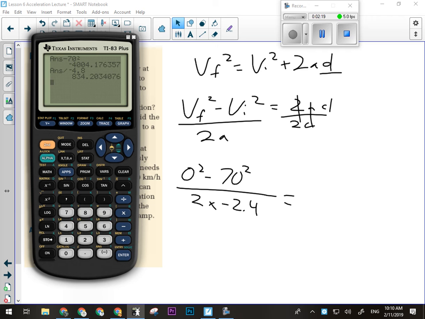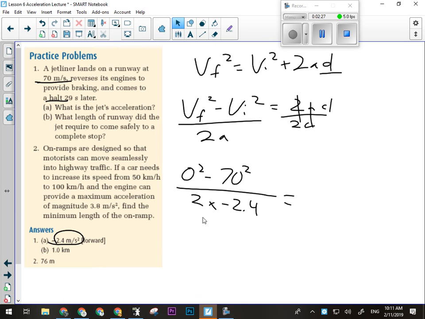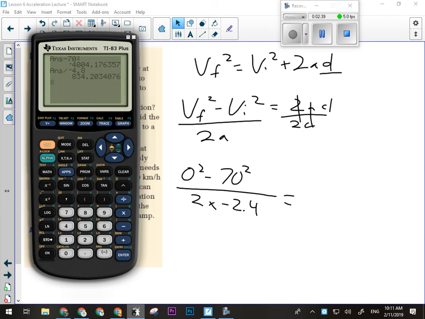Must have done that wrong. Double check my acceleration from the first part here.